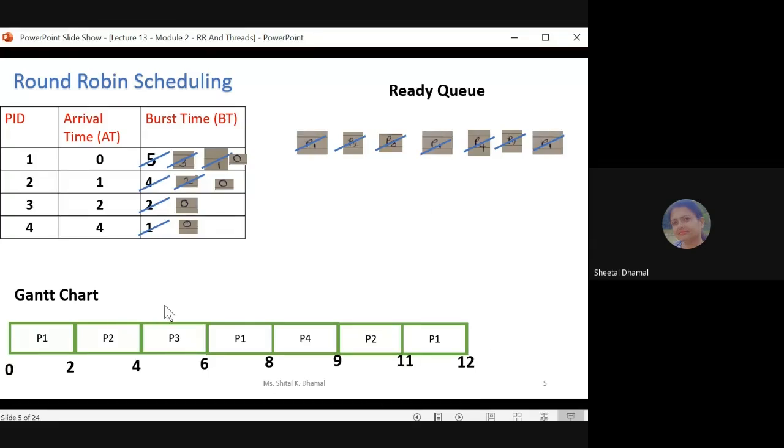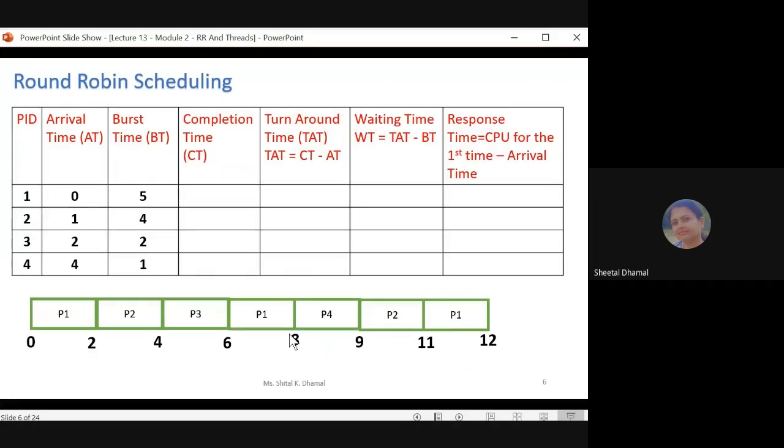So now from this Gantt chart you can easily find out all the times. So completion time for the process P1: from this table you have to find out the completion time. So you have to search this process P1 on the right hand side of the Gantt chart. Here also there is process P1, and here also process P1, but you have to consider the rightmost one. Completion time for the process P1 is 12.